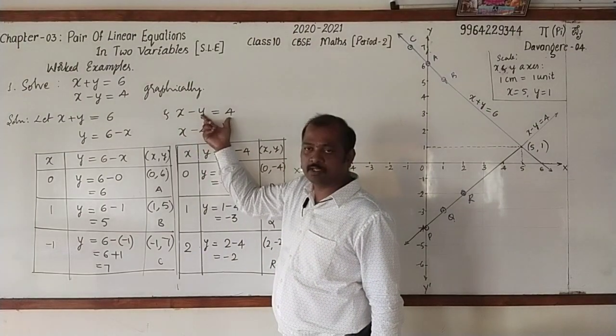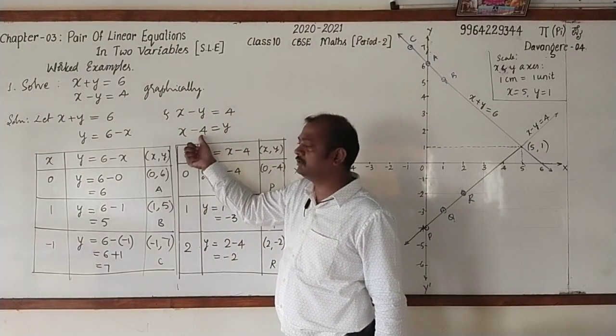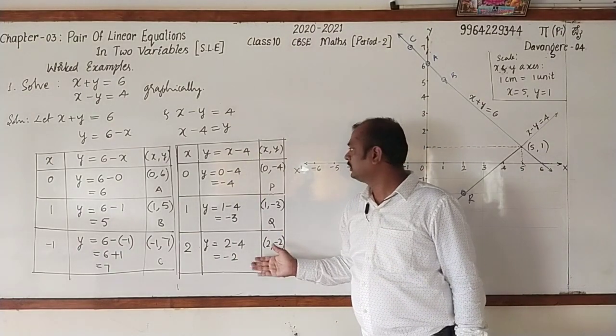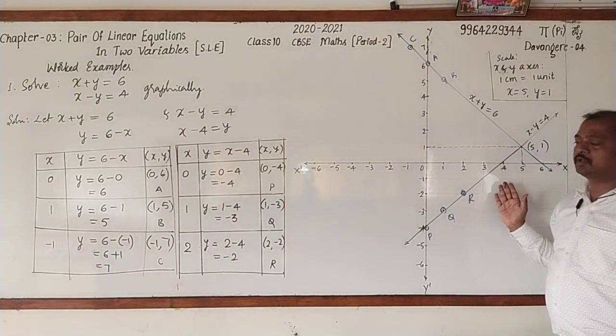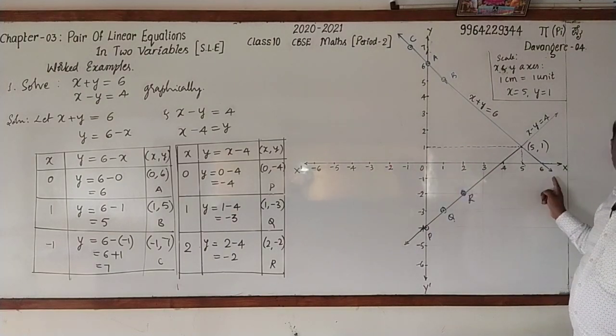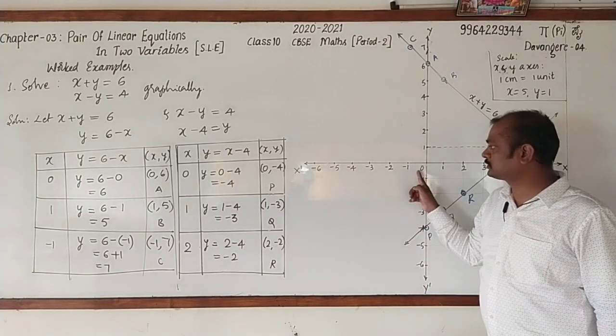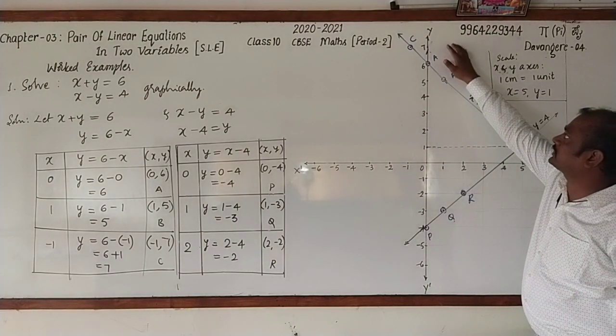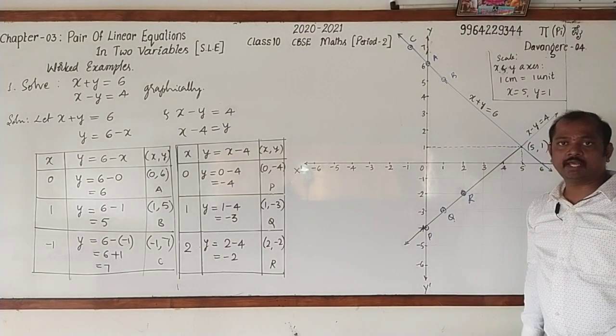Next, write second equation, solve y in that and find out the coordinate points using the second equation. Then draw the graph. While drawing, first you have to draw x-axis. Do remember, it should be capital letter X, O and X dash. Similarly, perpendicular line, nothing but y-axis, Y, O, Y dash.